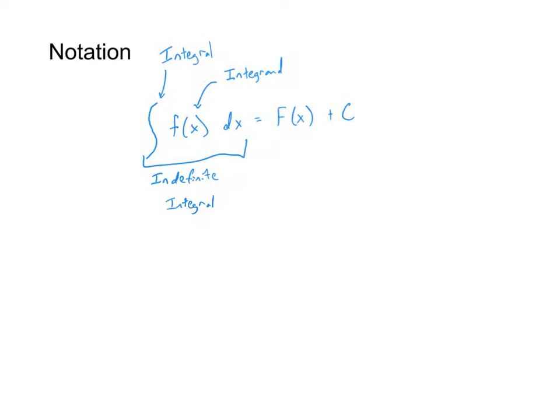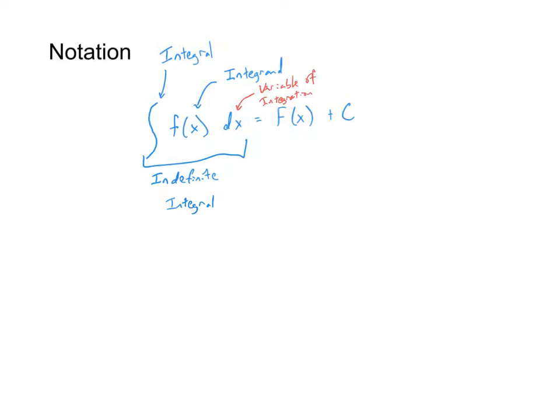Oh, and also, that dx there is just the variable of integration. It basically just represents what we are taking the integral in terms of, right? With derivatives, we take the derivative with respect to x, so we write dy over dx. This dx represents the variable that we're integrating with respect to. In Calculus 3, we take integrals with respect to all kinds of different variables.